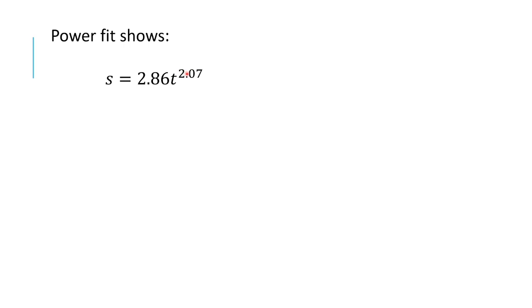So I need to make a guess. And I would guess that this is supposed to be some kind of squared relationship, some kind of second power relationship. So k is just a variable to represent the coefficient out front. It's not nearly as important as the power. So I'm guessing second power. That sure seems like the best bet for this relationship.